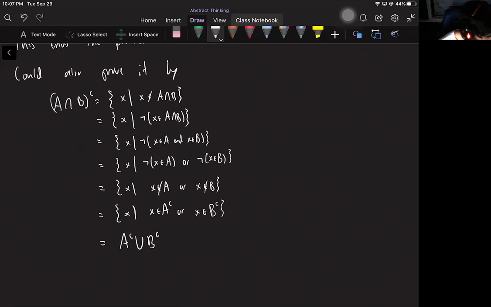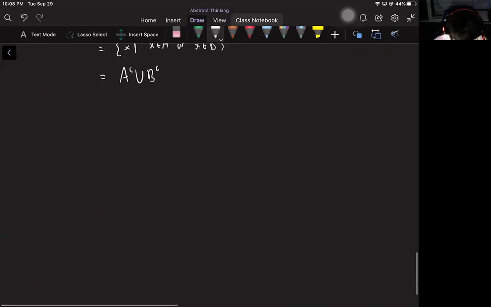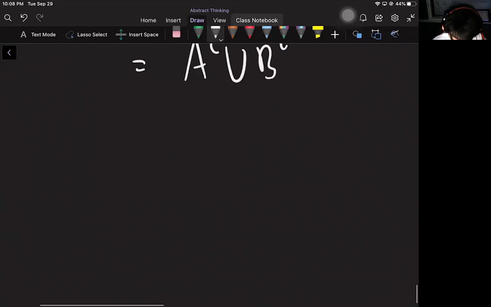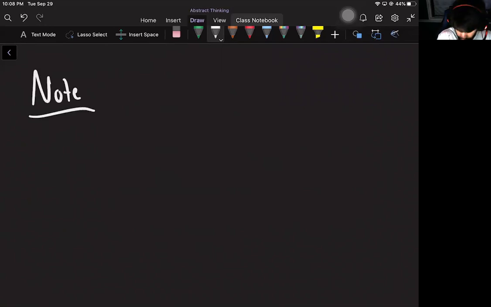All right, what else? So I'll make sure I'm not skipping a page here. Okay. So then we're gonna move on to some other rules. That is one way to prove set equality. But another way is sort of how we proved logical equivalences without having to do truth tables.